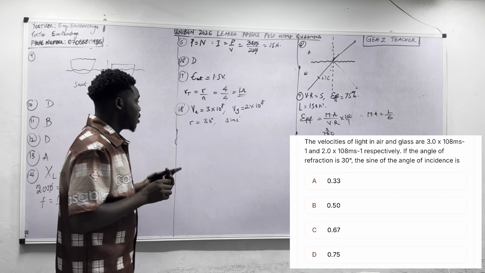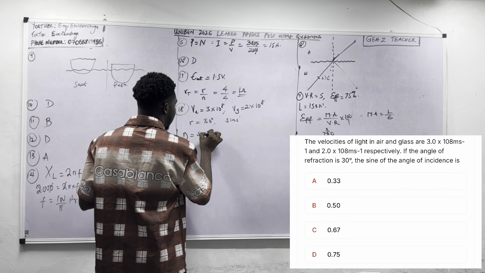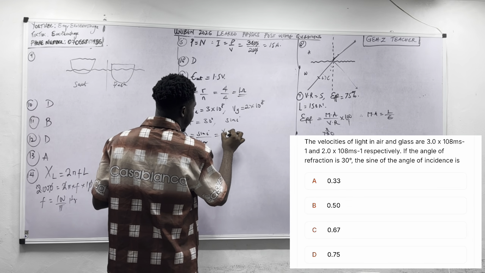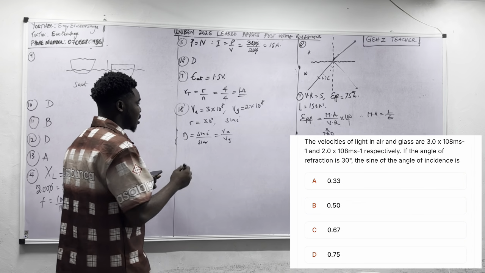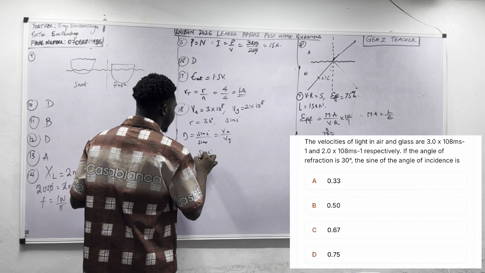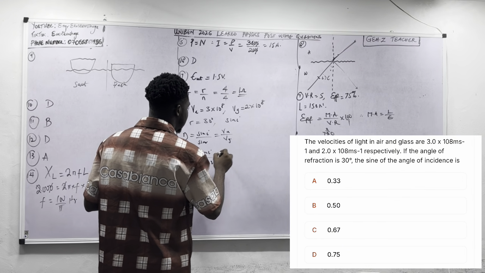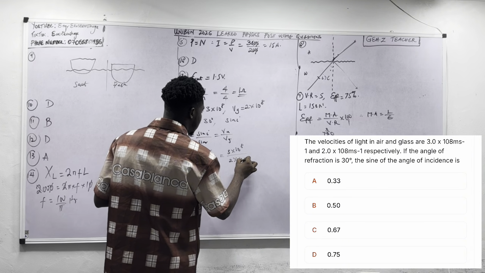Now recall, that your refractive index equals sine i over sine r, or velocity of light in air over velocity of light in the medium, or in glass. So quickly we're going to use this to solve. So sine i is what we're looking for. Sine r, that's sine 30, equals velocity in air, 3 times 10 raised to power 8, over velocity in glass, 2 times 10 raised to power 8.